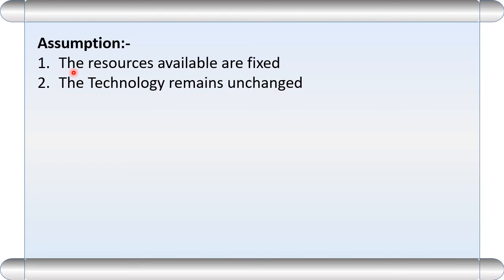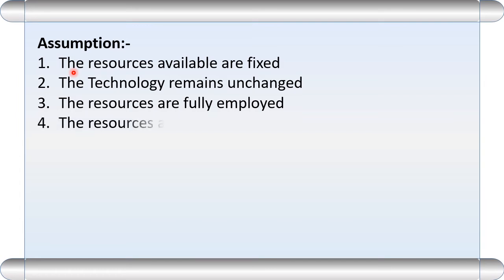Otherwise, it is very difficult to make production possibilities. The third is the resources are employed fully. We presume that whatever resources we have, we are making full utilization of the available resources. The next is we presume that the resources are employed efficiently. I mean, all the resources are efficiently used.